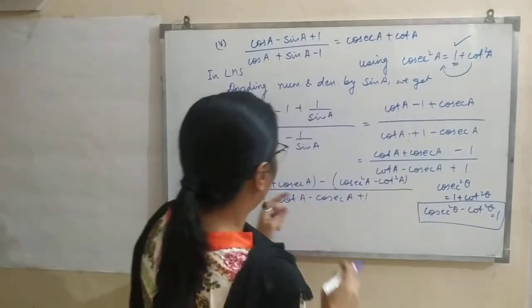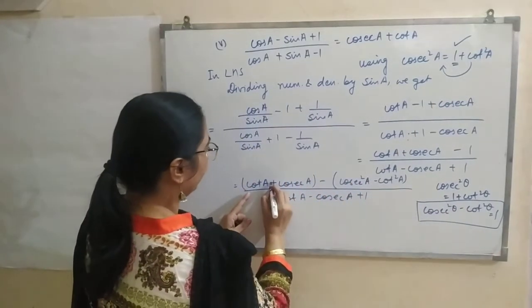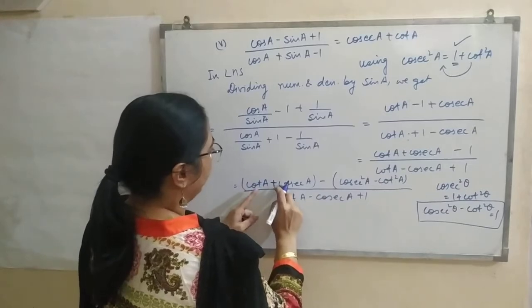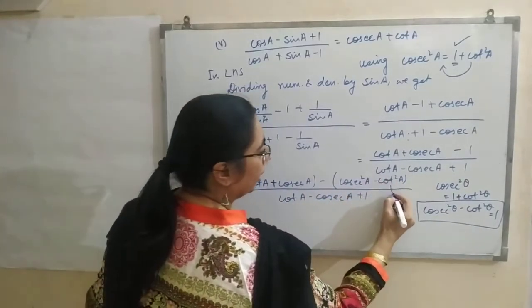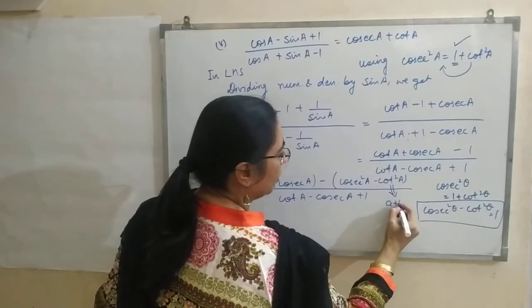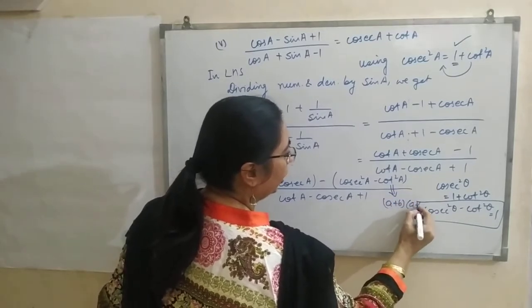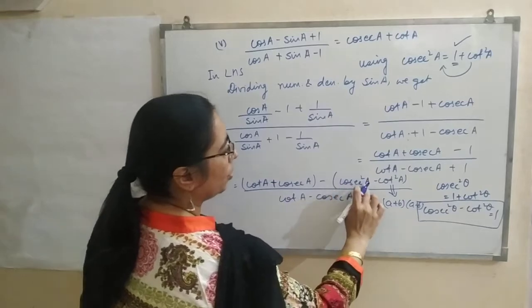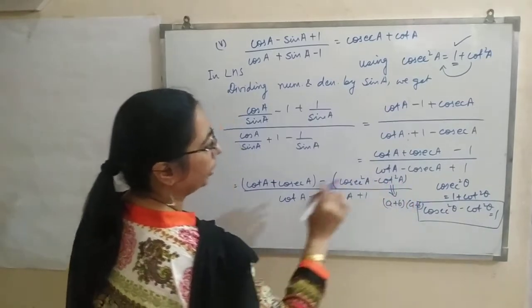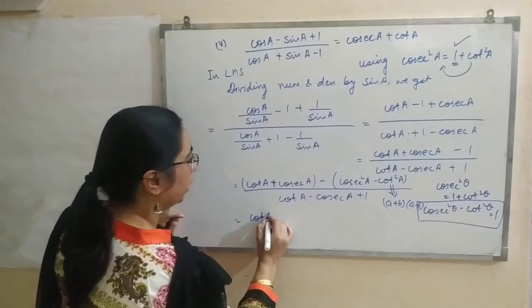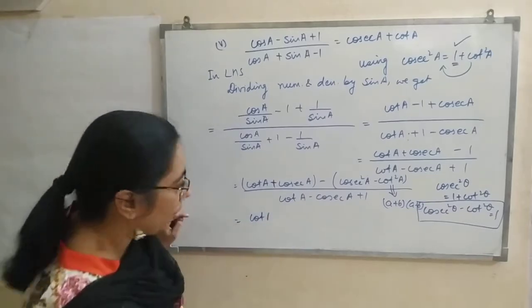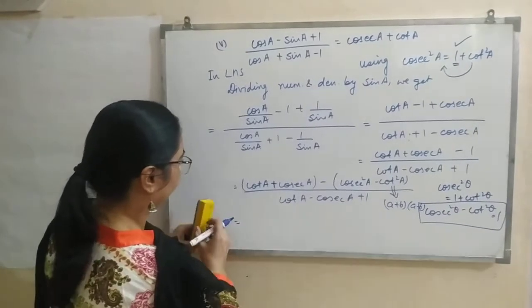That 1 can be replaced by cosecant square a minus cotangent square a. So I have replaced. Now you can see this is cotangent a plus cosecant square a minus cotangent square a. So this again can be written as a plus b, a minus b. I can write it in two brackets, cosecant a plus cotangent a, cosecant a minus cotangent a. So I am taking cotangent a plus cosecant a common.